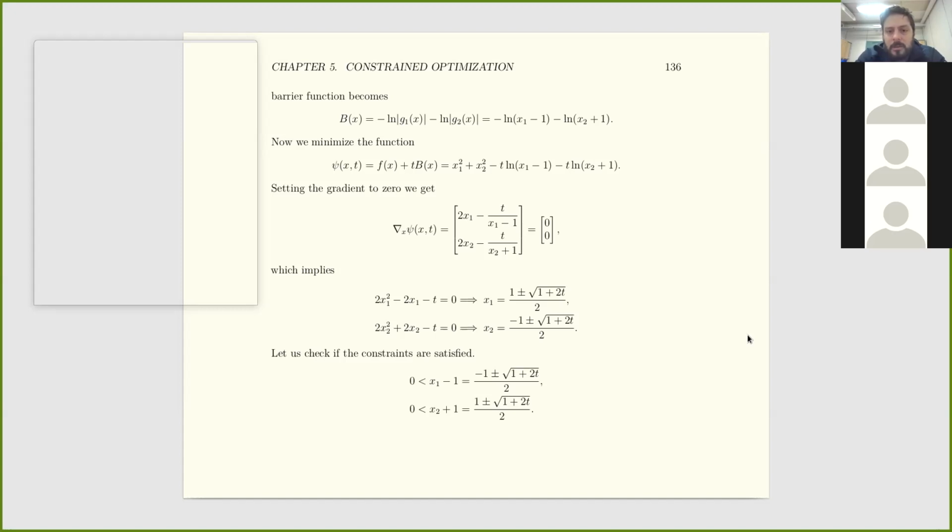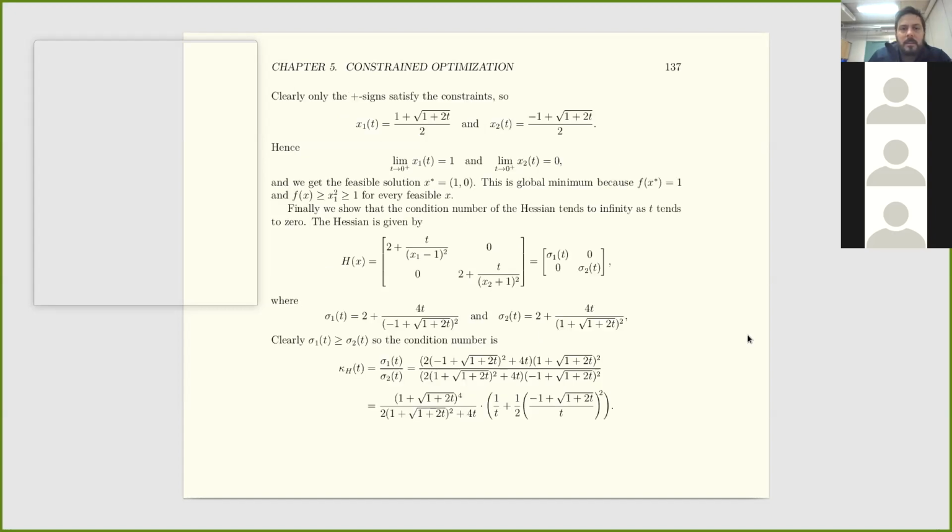1 plus or minus the square root of 1 plus 2t over 2, and minus 1 plus or minus the square root of 2t over 2. So for the constraints to be satisfied, we need to check what happens at these.